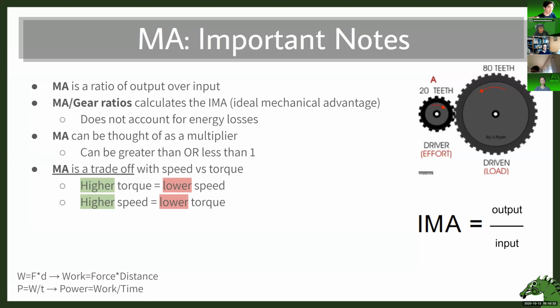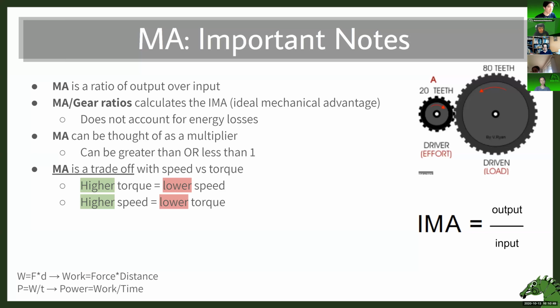And now the most important thing after the fact that it's a ratio is that it's a trade-off. So you don't create torque. We've been saying how before, you could have a gear, apply 5 pound-feet of torque to it, and then on the output you have 20 pound-feet of torque. You didn't just create the torque.